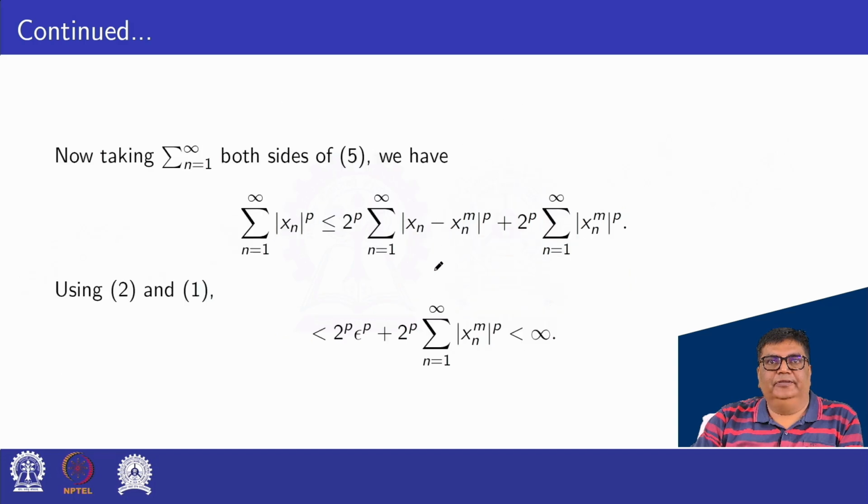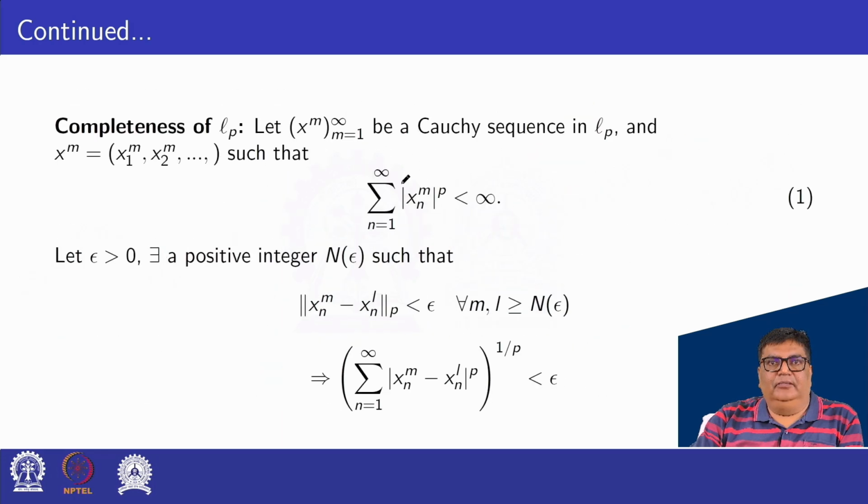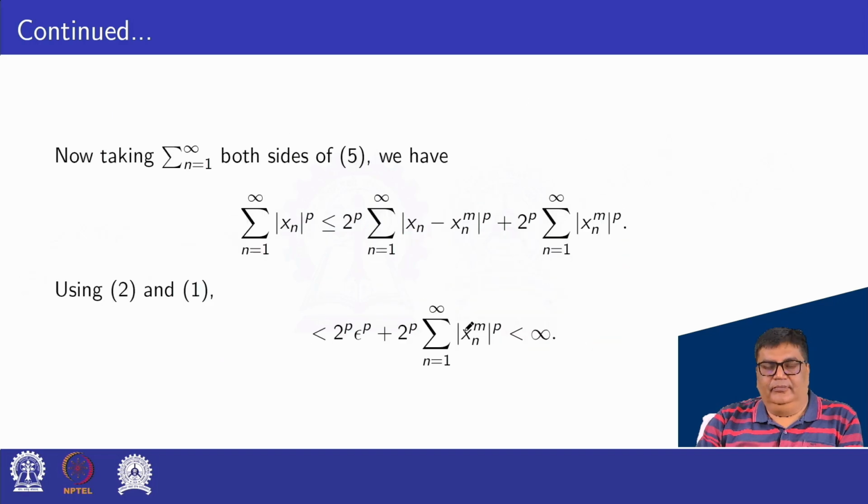So we have the value of this one as epsilon^p. And again from equation 1, the summation of |x_n^(m)|^p is less than infinity, so it is bounded by a positive number. So this total summation is less than infinity. So the summation of |x_n|^p is less than infinity.